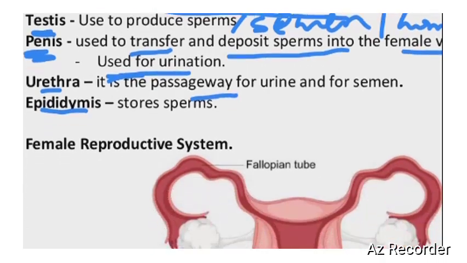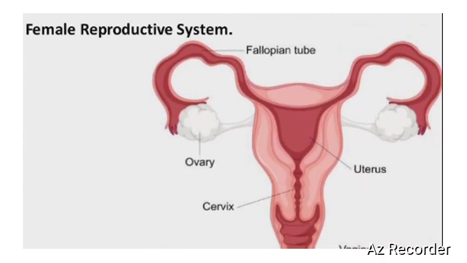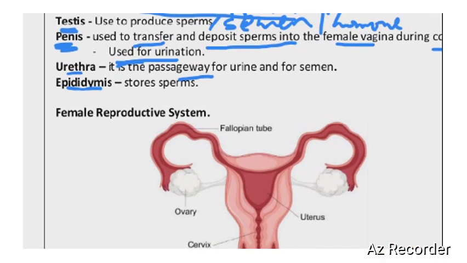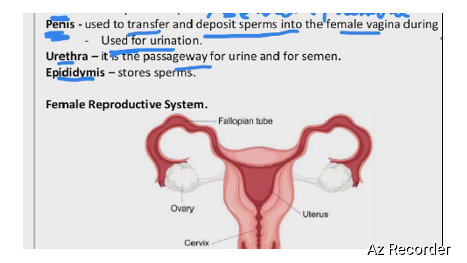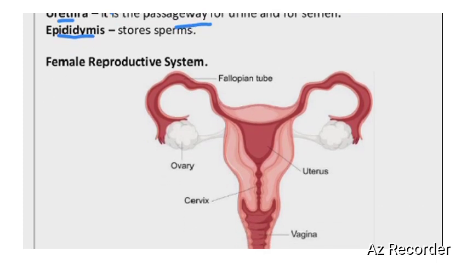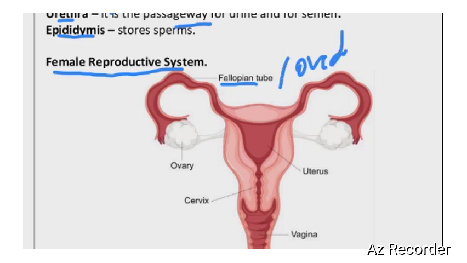From there we go straight to the female reproductive system, and that's the diagram of the female reproductive system. As you can see in the diagram, we have this tube called the fallopian tube, or we can call it the oviduct. We have an ovary on each side.